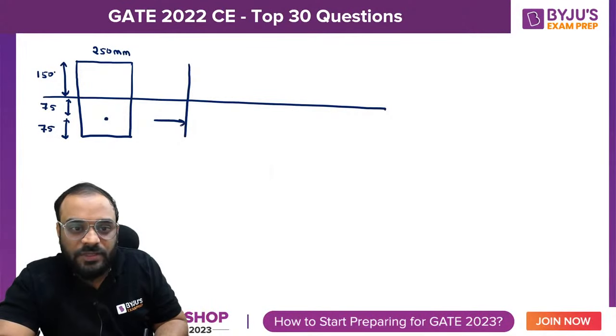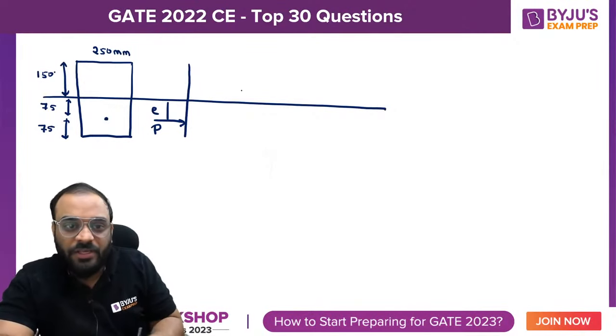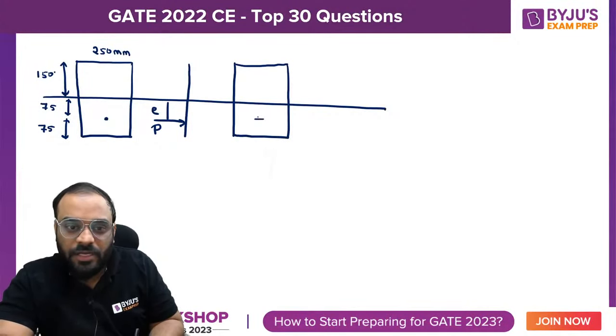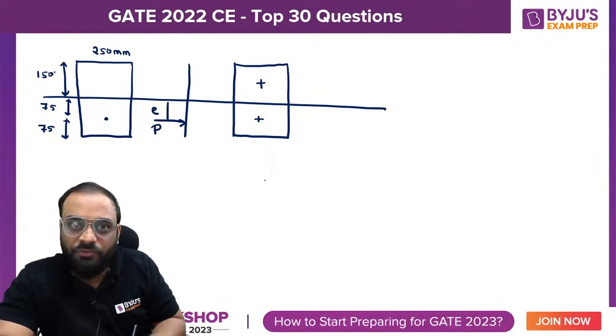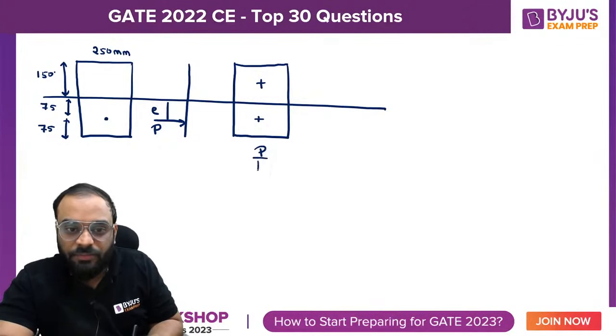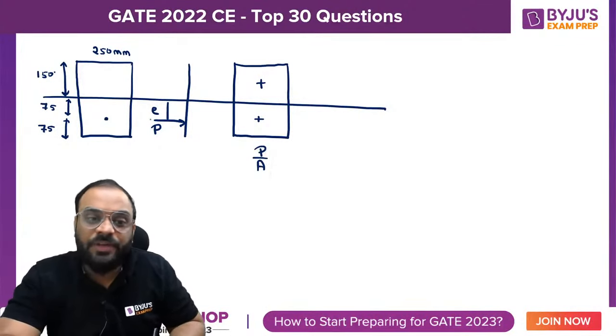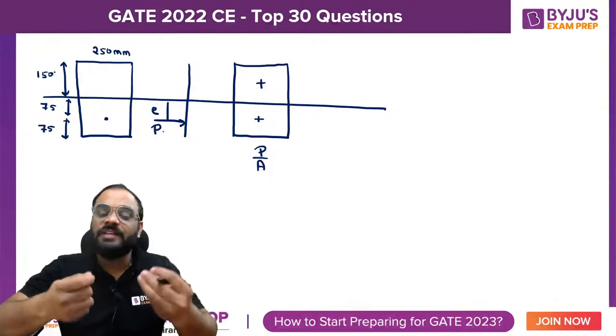Okay, sir. So first, you know that, guys, we need to draw the stress diagram. So let us suppose this is P and this is E. Okay. So first I will try to draw the direct stress diagram. Direct stress is P by A. And both values are positive at the top fiber and at the bottom fiber, P by A. But due to this particular pre-stressing force, we have bending stresses also.